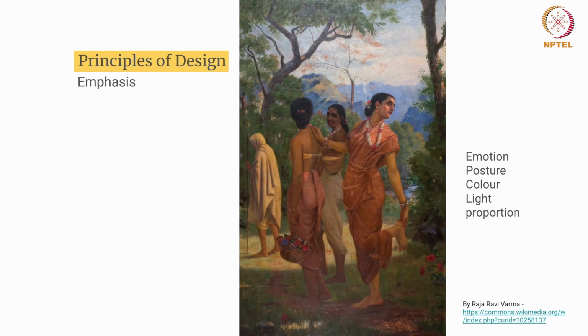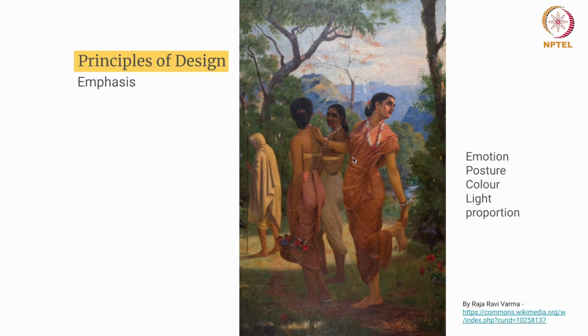Now you can see how the idea of emphasis is playing an important role here. You can sense the emotion of this character, Shakuntala, clearly with the facial expression which Raja Ravi Verma has tried to express. Apart from that, you can see how her posture is quite different from the rest of the characters.